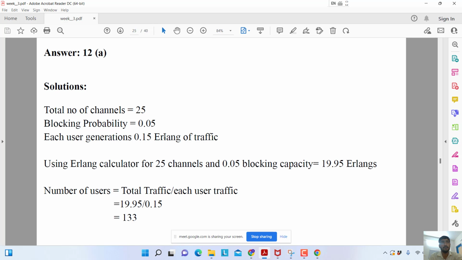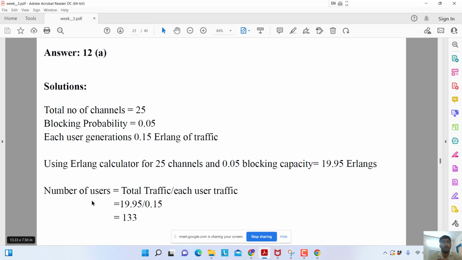By using this data, we can calculate the total traffic. Using the Erlang calculator, for 25 channels and 0.05 blocking probability, it will come to 19.95. So the total traffic is 19.95, and each user generates 0.15 traffic.